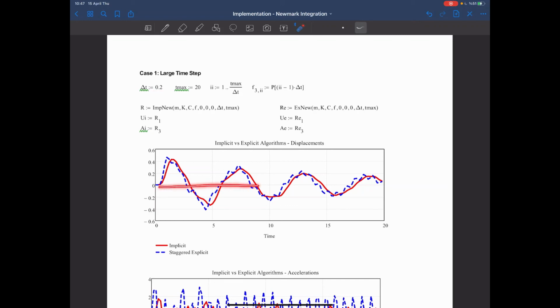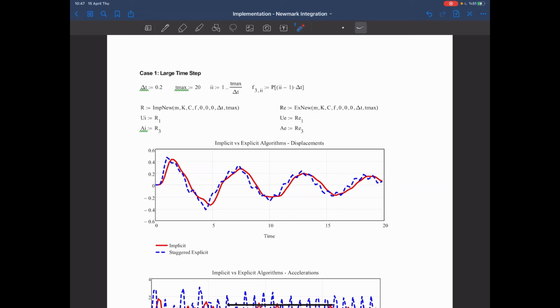This is the comparison of the implicit and the explicit result. As you see, we have some differences in the peak points, and it looks like the staggered algorithm has more high frequency vibrations. But the magnitude of the displacement, the maximums and the minimums, are not that different.